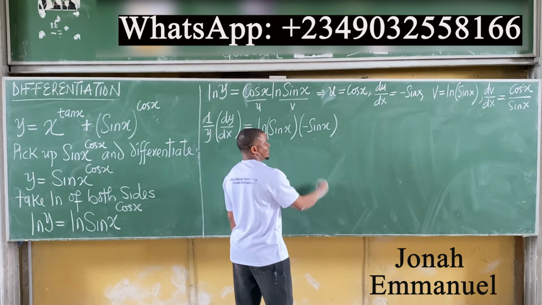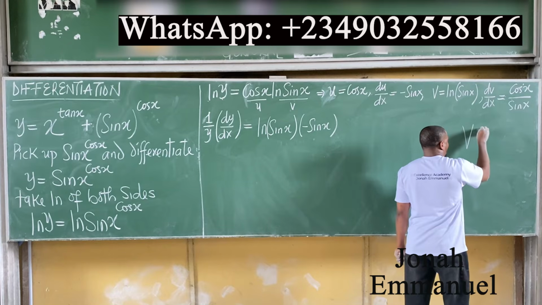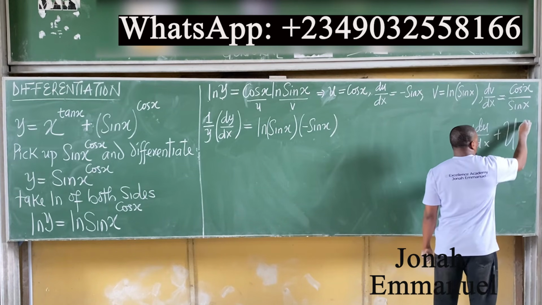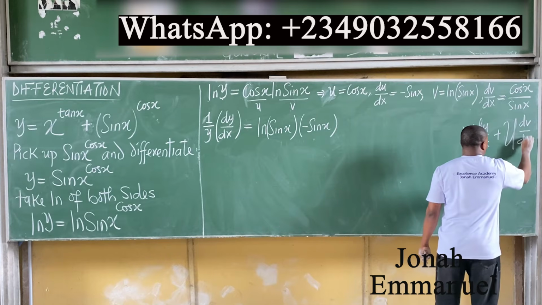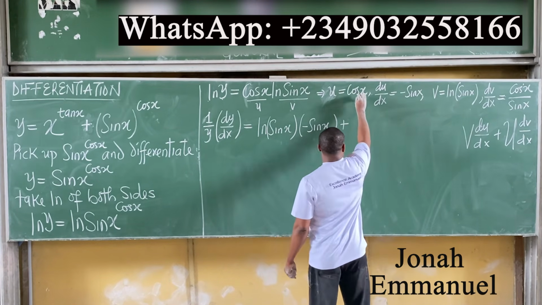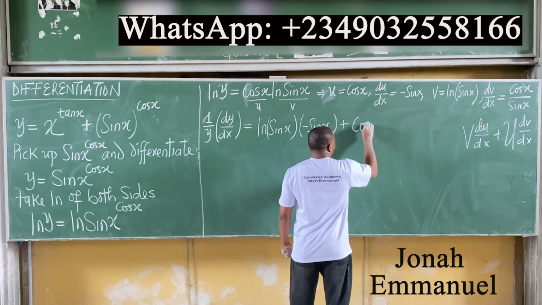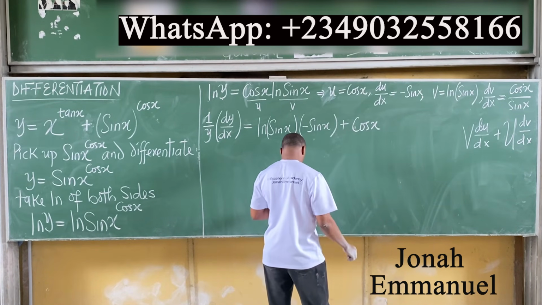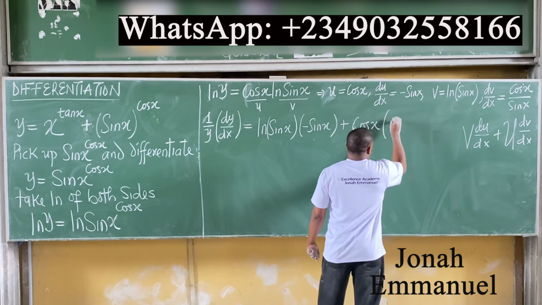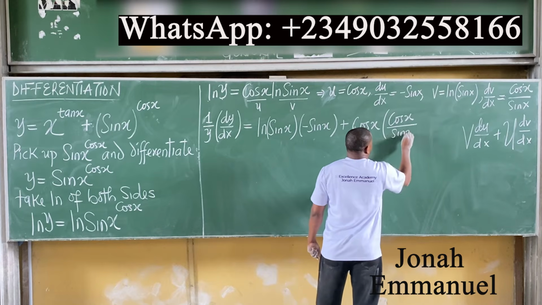If you want me to write out the formula, no problem: v du/dx plus u dv/dx. u is cos x, into dv/dx. What's dv/dx? That becomes cos x over sine x.